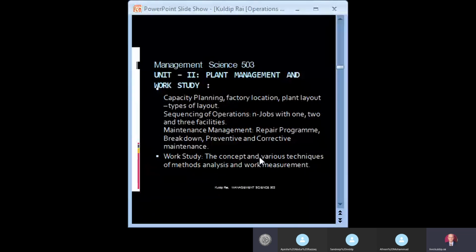Dear students, this makes planning very difficult because planning requires a good estimate of the time. No planning is complete without time planning. See, we have several resources in a factory. Manpower is one resource, materials are another resource, machines are a resource.